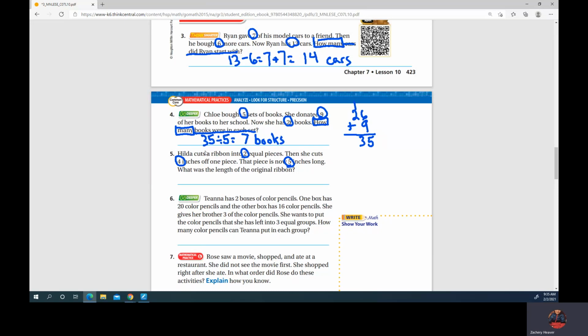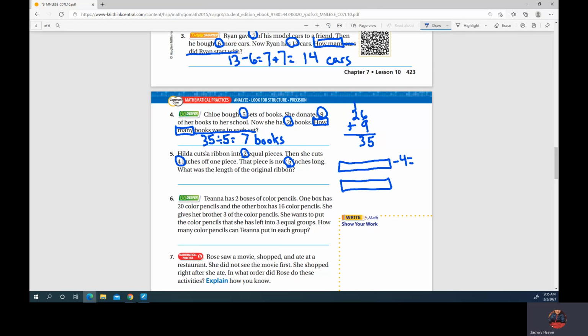So we know that she cut it in 2 pieces and then she cut 4 inches off one piece. That piece is now 5 inches long. So she has 2 pieces of ribbon, and they're the same length. She cut 4 off this piece, and it now equals 5.